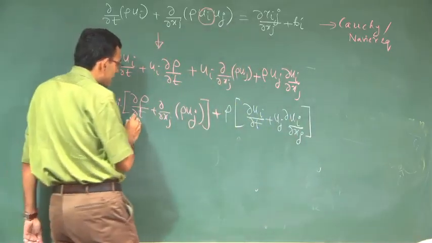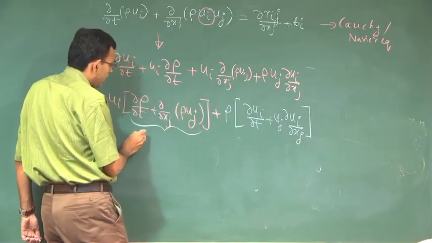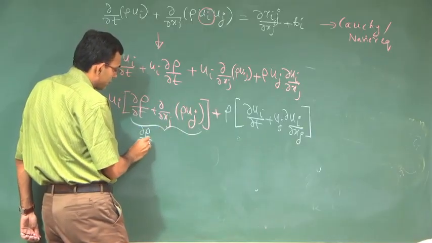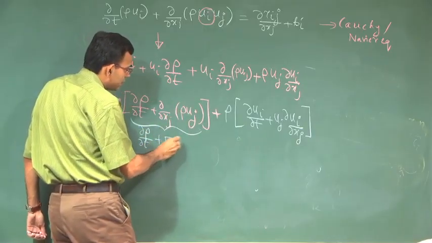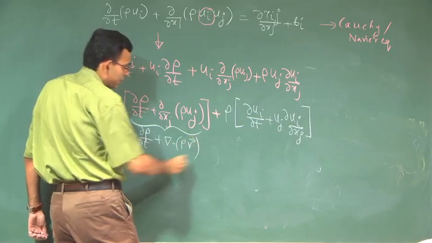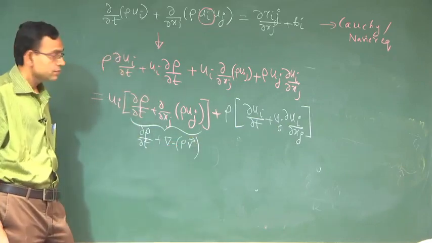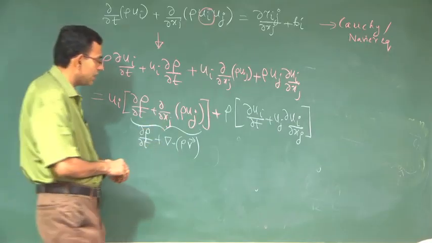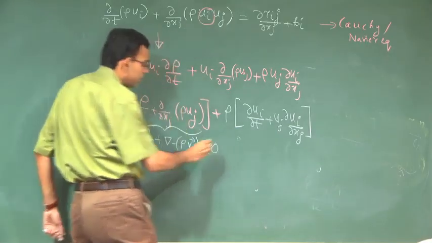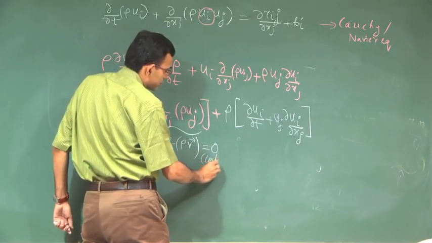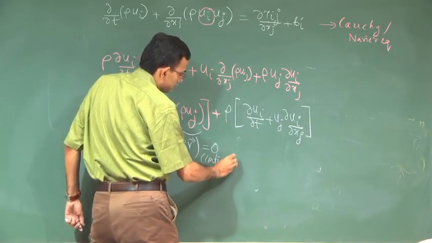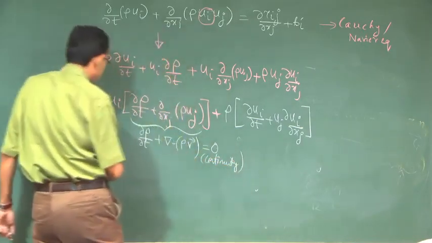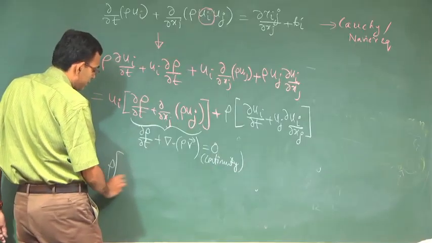Can you recognize what is this? In vector notation, this is divergence of the velocity vector. Just now we have shown the divergence index notation, and this is equal to 0 by continuity equation. So, this will become the left hand side.